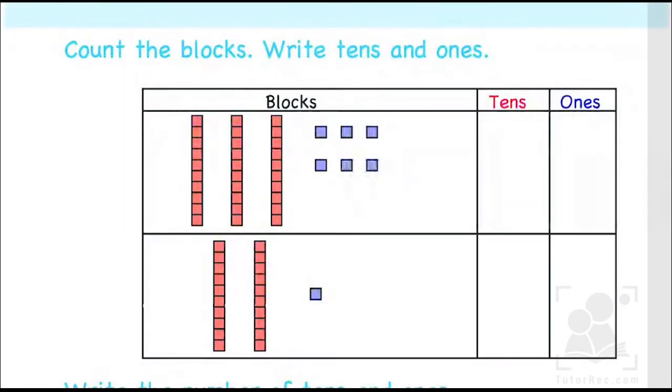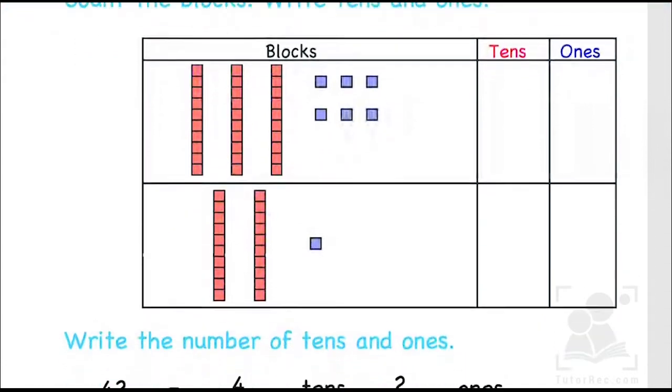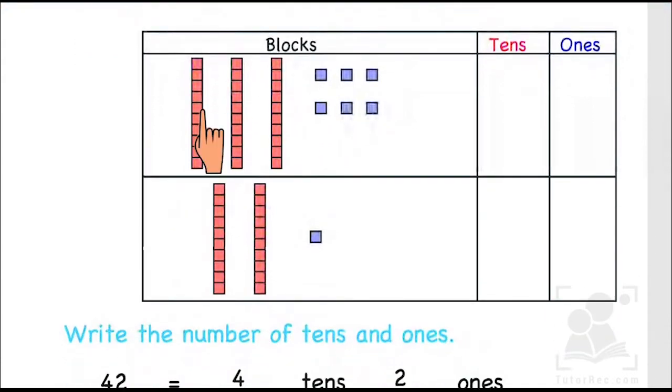Now here we have a very simple exercise in which it says count the blocks, write the tens and ones. We have been given some blocks over here, the individual units as ones highlighted with color purple, and the red ones are the tens. So let's start. Let's count 1, 2, 3. We have 3 tens, so we are supposed to write 3 over here.